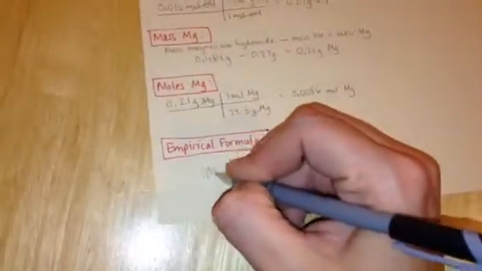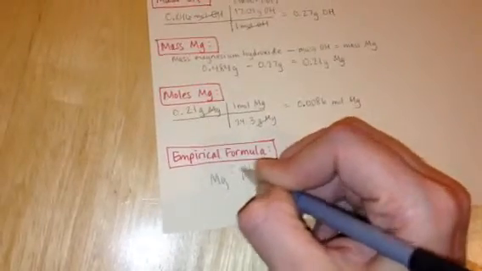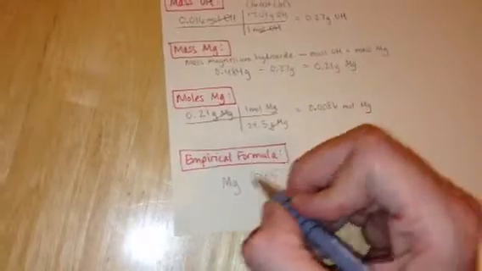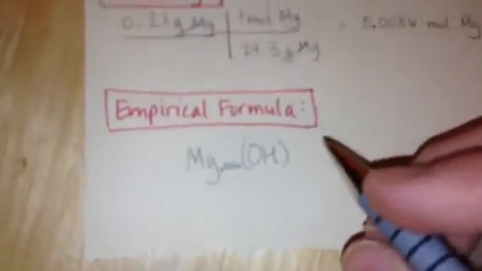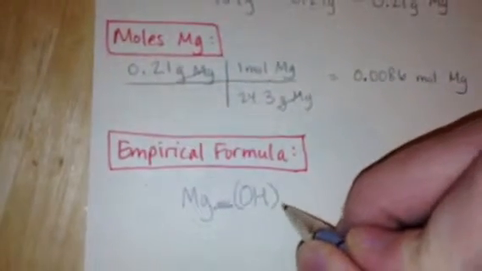Remember, your empirical formula is Mg something OH something, and again that's a group, so I'll just put in parentheses for now. Well, my moles of Mg was the 0.0086, and my moles of OH, and I'll zoom in here, is 0.016.